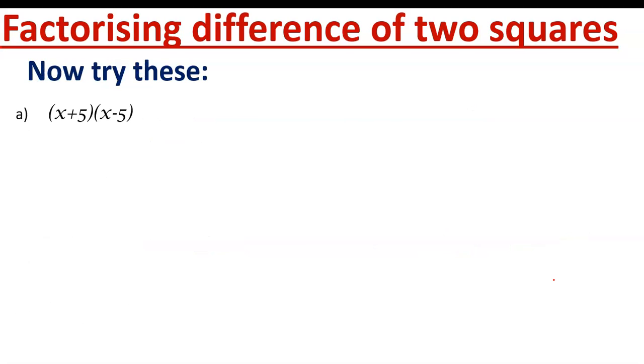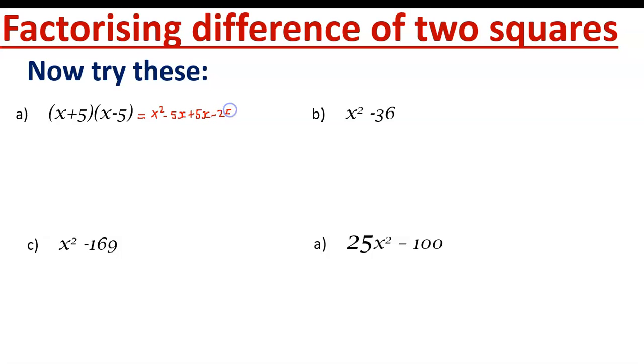I've got 4 questions here for you to try. You can stop the video and try them. Fine, I think you have tried. So let's start with this one. Expand it. x squared minus 5x, 5 times x, and 5 times minus 5.